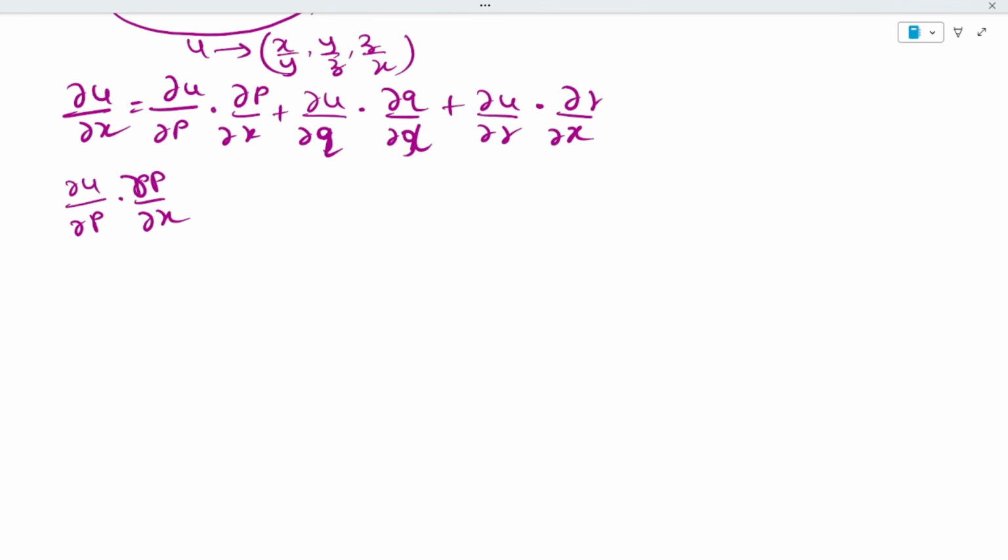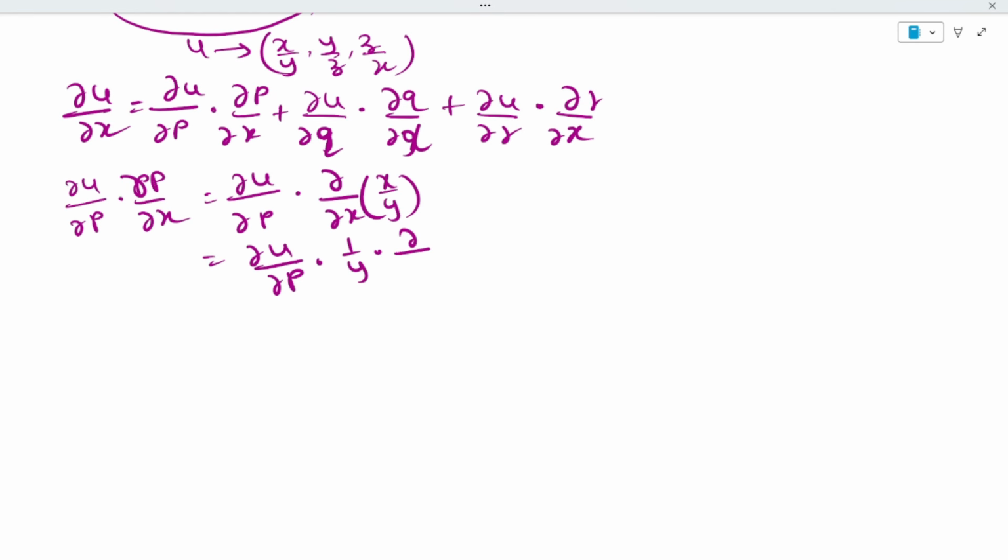When you find that, it will be equal to del u divided by del p into del divided by del x of x divided by y. What is p? x divided by y. You should do the differentiation with respect to x. That means del u divided by del p into 1 divided by y into del divided by del x of x. 1 divided by y will remain, and with respect to x, x will be 1.